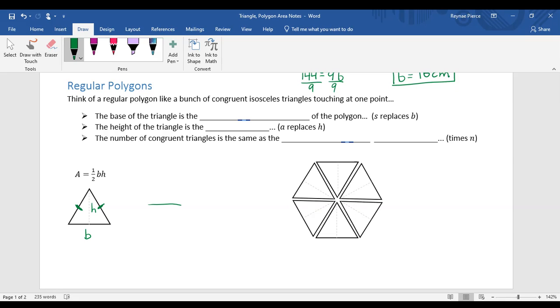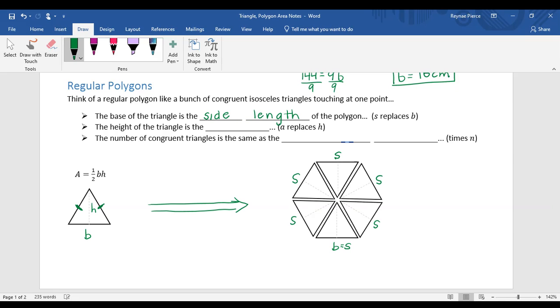All right, how that translates to regular polygons. The base of the triangle is actually the side length, or the length of one side of a polygon. So again, the base of one triangle is the side length.